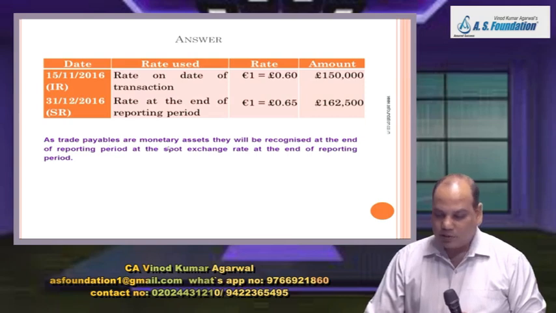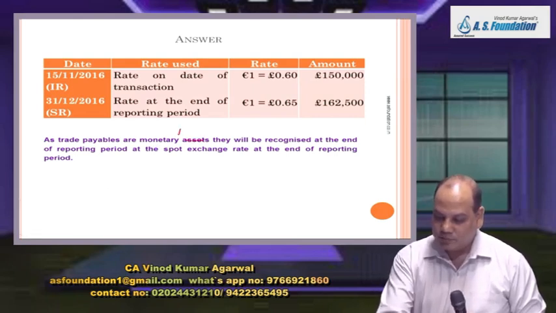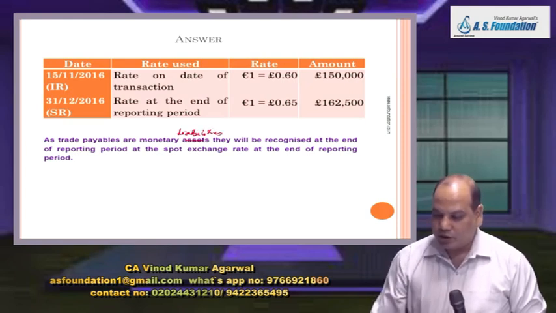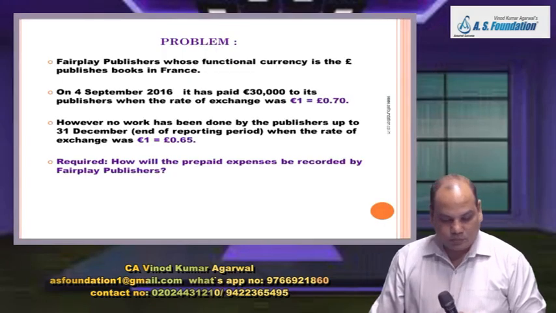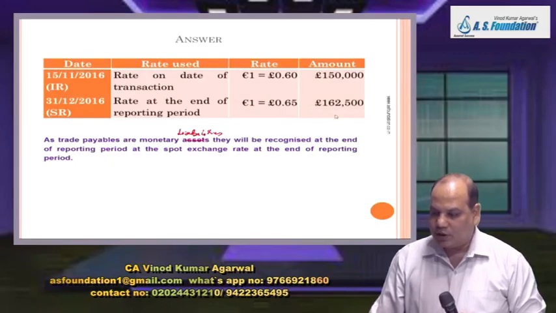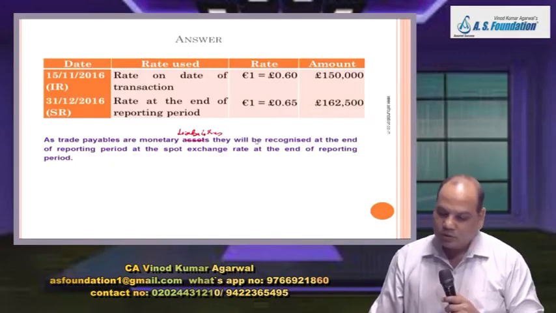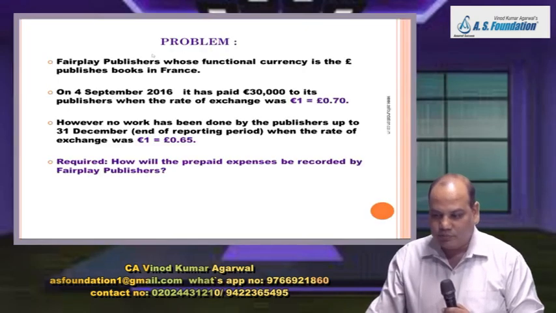Note, as the trade payables are monetary liabilities, they will be recognized at the end of the reporting period at the spot exchange rate at the end of the reporting period. And all the exchange difference that we are getting will be transferred to profit and loss account. That note you know now.